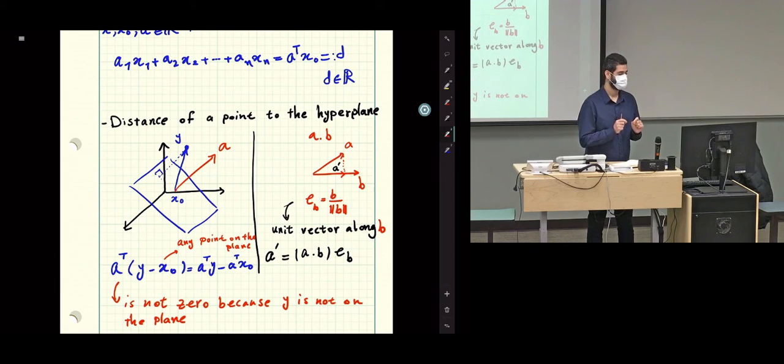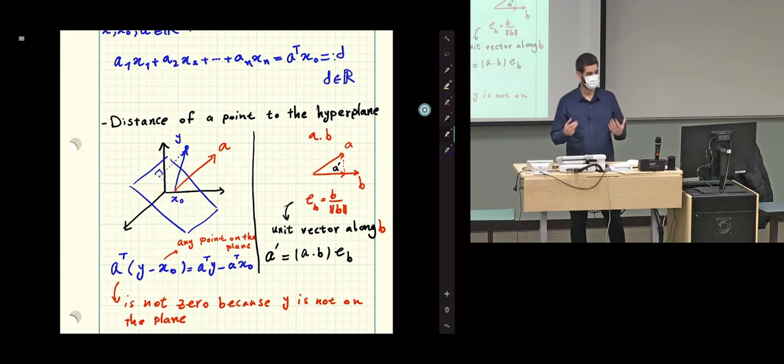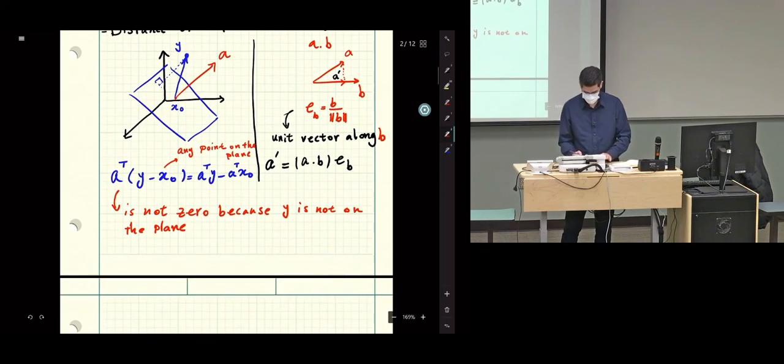However, if A is not a unit vector, if the magnitude of A is not 1, we can already guess that this is going to scale it. You might scale it twice, 3 times, whatever is the magnitude of A. So it's important to also normalize it with the magnitude of A. So A does not need to be a unit vector when you define the plane, but when we calculate the distance, we need to be mindful of that. So we arrive at the formula that, let's call it capital D, distance to the hyperplane.